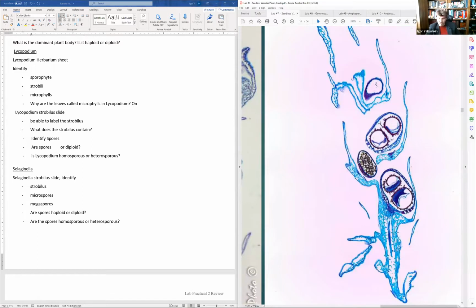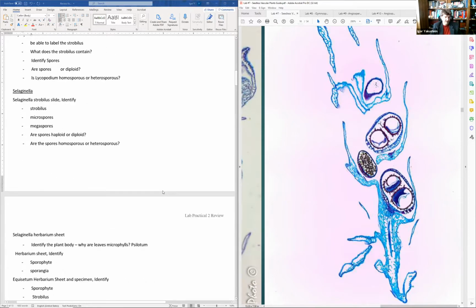We have small spores known as microspores, and they will give rise to the male gametophyte, and the big ones will give rise to the female gametophyte. But the main idea is the spores are different sizes, therefore that's a heterosporous plant. Spores are again haploid, and they are heterosporous.